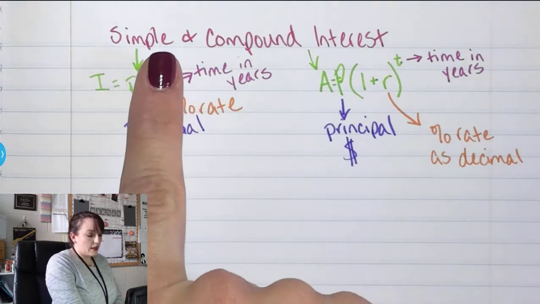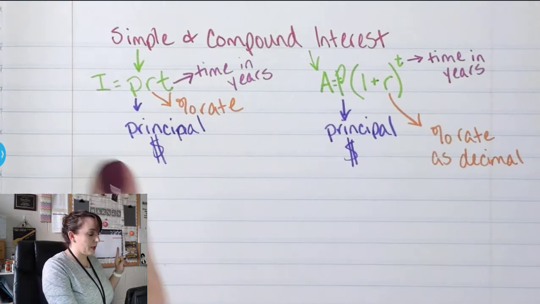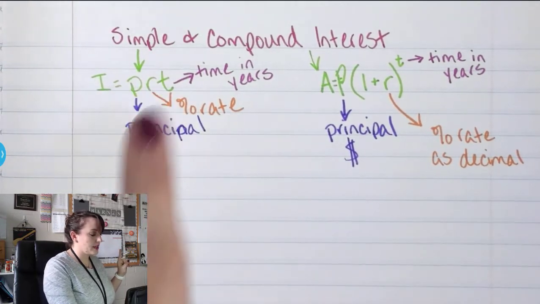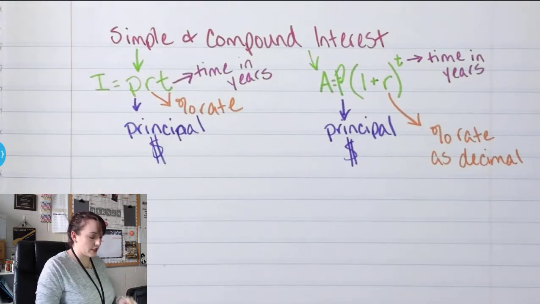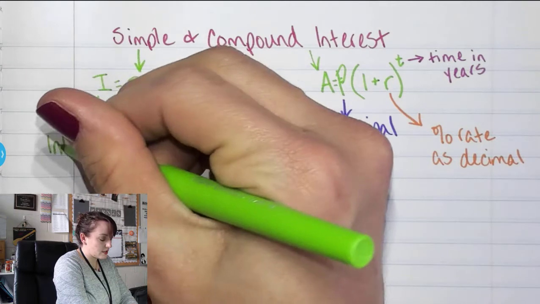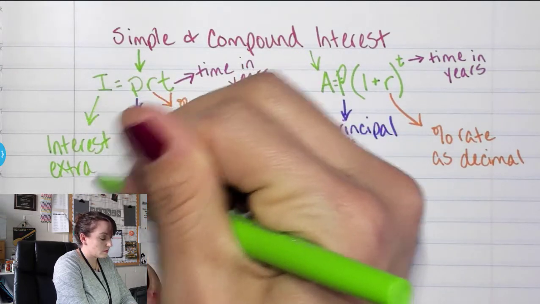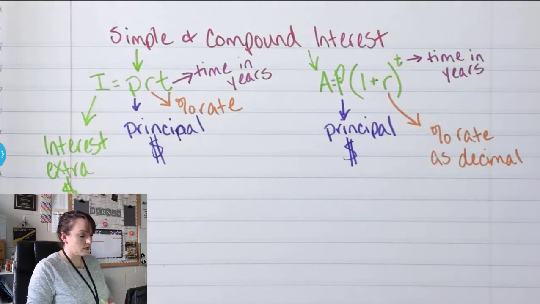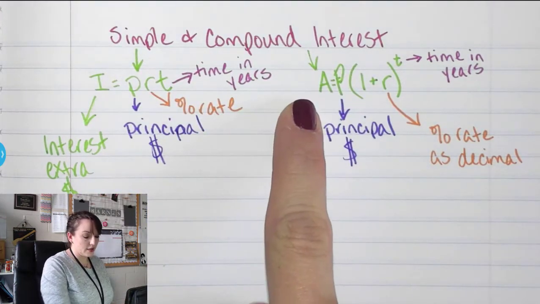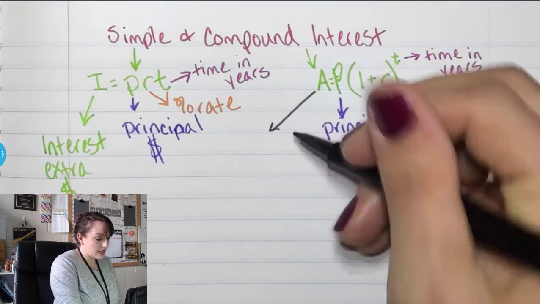So, simple interest, it's a one shot. You just take your principal times the rate times time. That's interest, which is extra money. Over here, that A is amount in account.